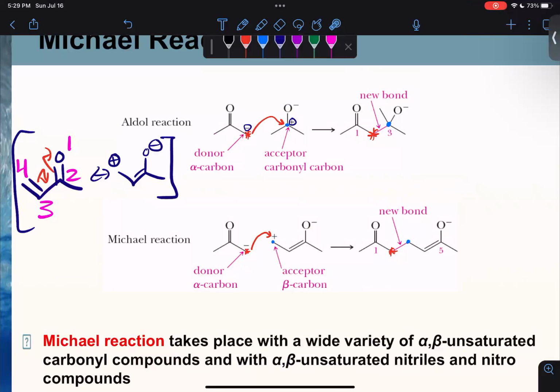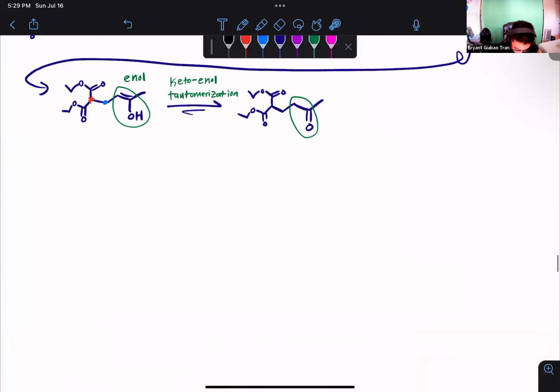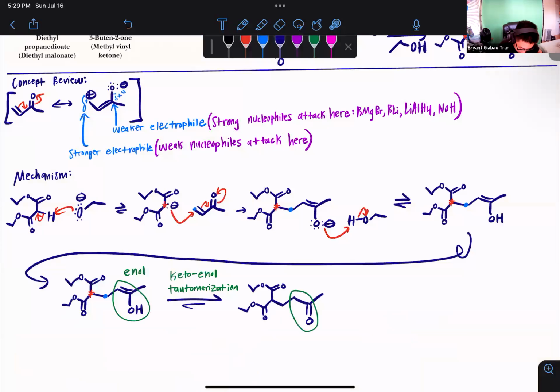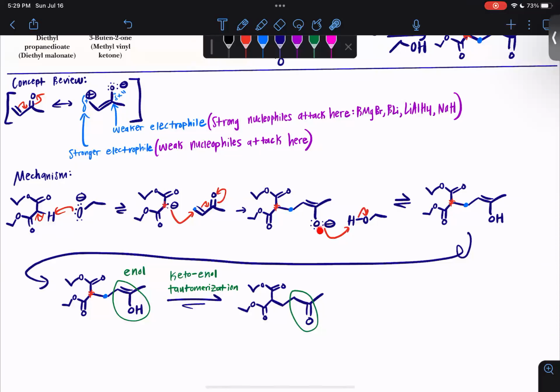And then after we do the deprotonation to make the alpha anion, the second step is to do a 1,4 addition to attack the fourth position first. And then we protonate the oxygen. And then we do keto-enol tautomerization, and then that's it. Oh, that's so easy.